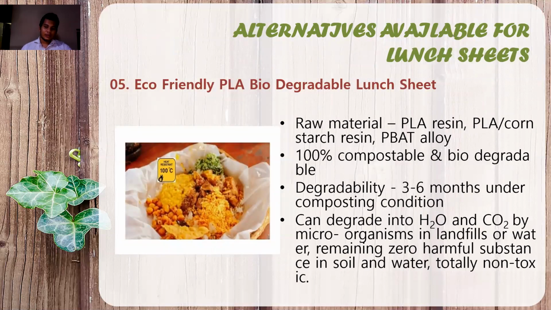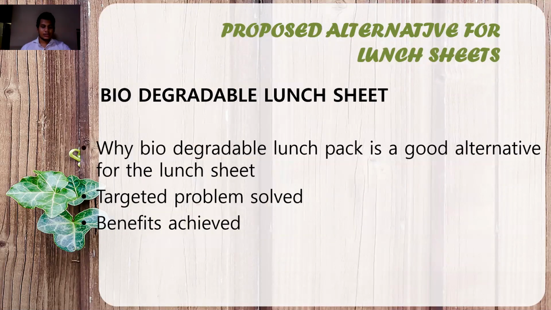The biodegradable lunch sheet is 100% the same as the traditional lunch sheet and is 100% compostable and degradable. It takes about 3 to 6 months to decompose completely. So we chose the biodegradable lunch sheet as our alternative because of its degradability and also its non-toxicity.